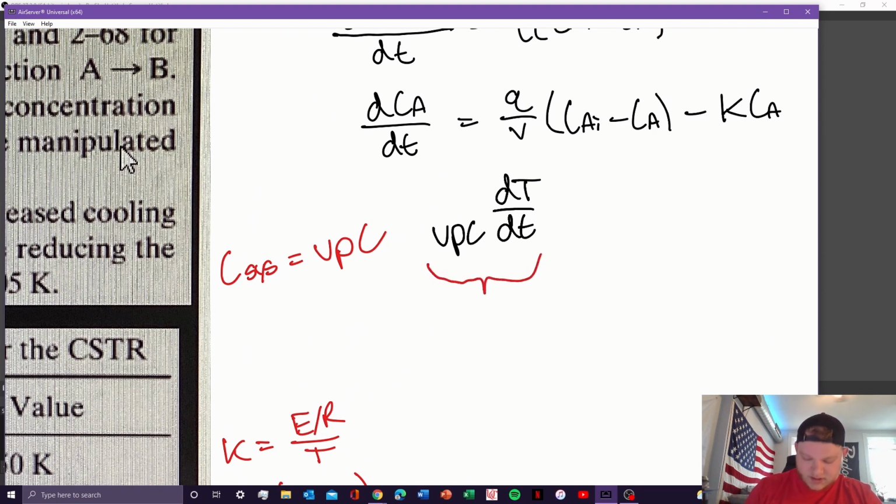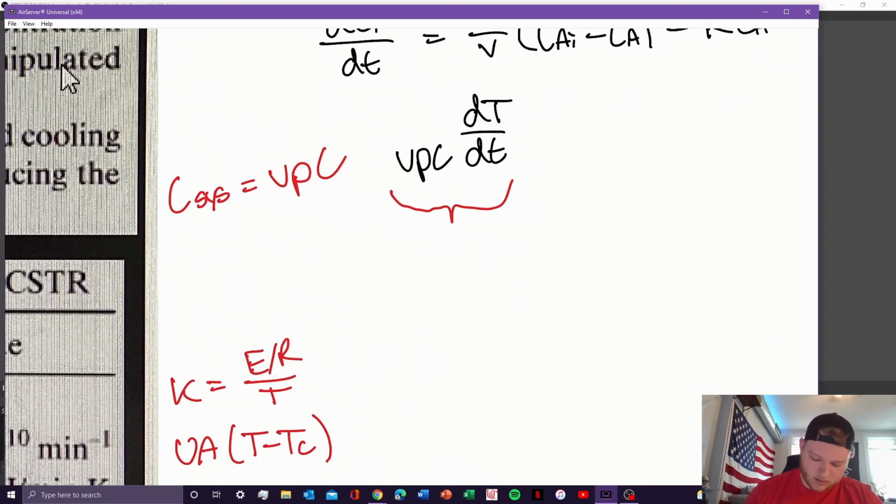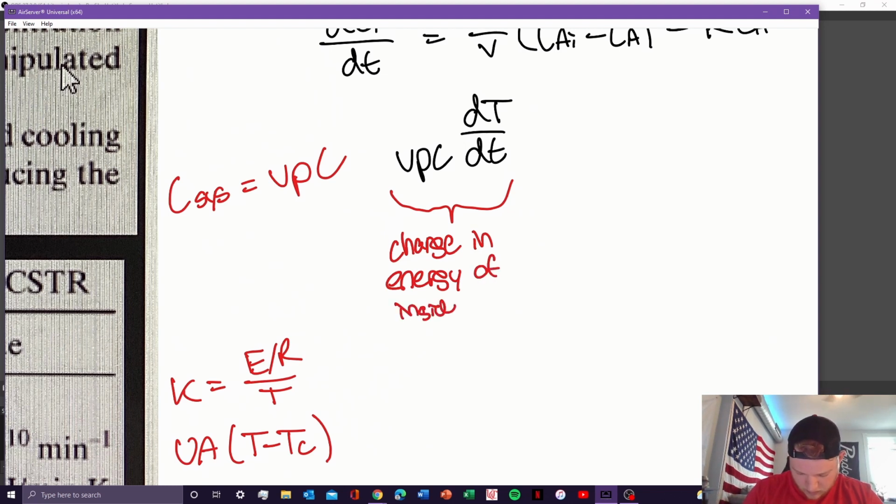This is giving us the change in energy of the entire system, of the entire inside of the reactor. So this is the change in energy inside of the reactor.